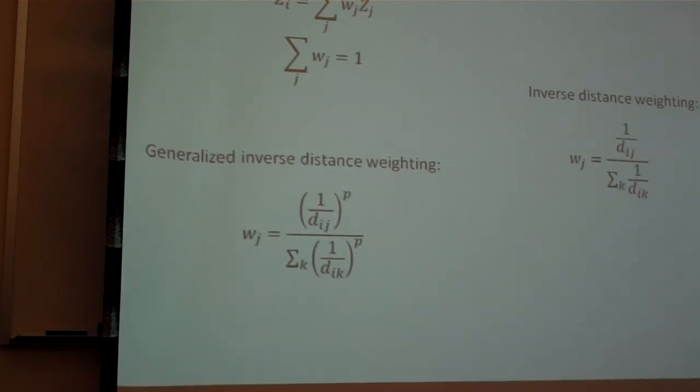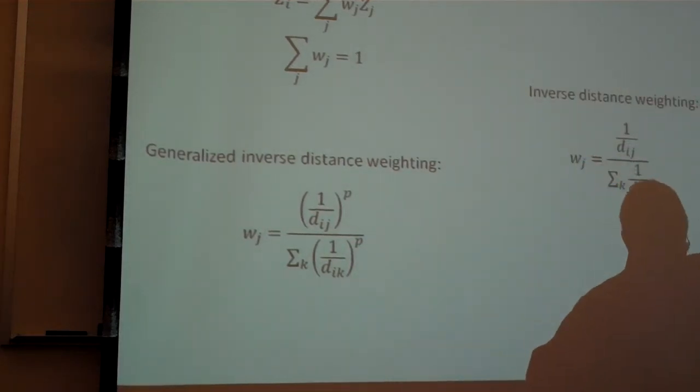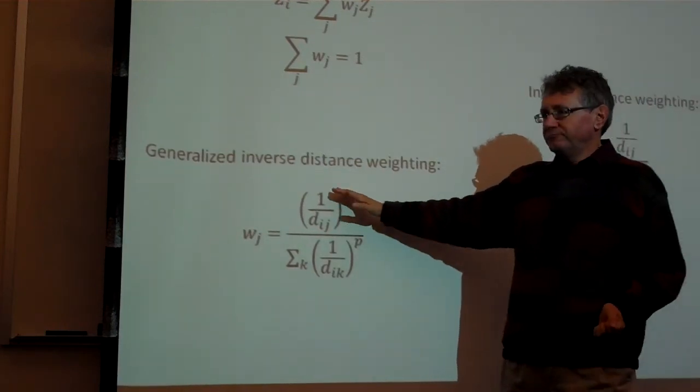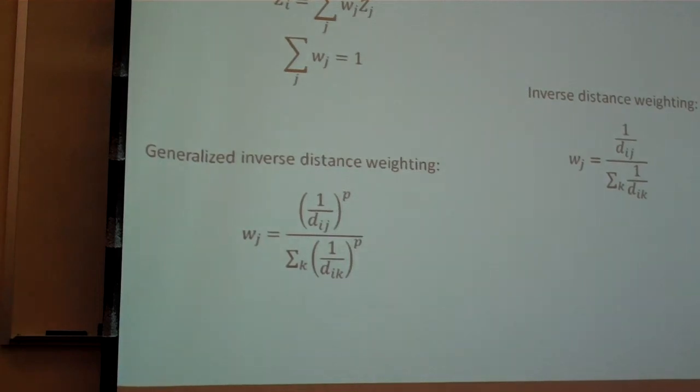So by taking P to be very large, you can get the rule of just look at the closest neighbor. And for values of P in between, as you increase the value of P, you just get ever steeper weighting functions. So the higher the value of P, the more weight you're putting on the closest neighbors.